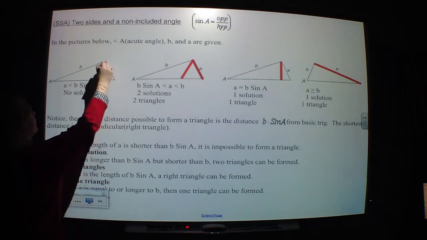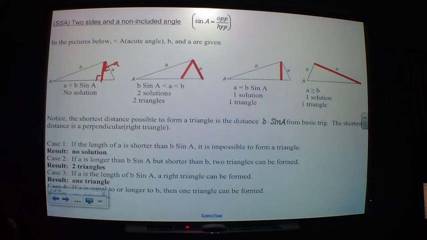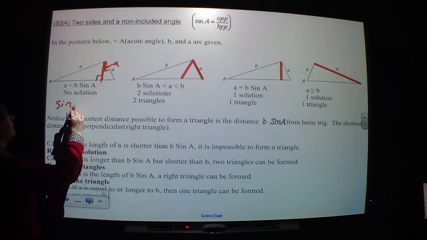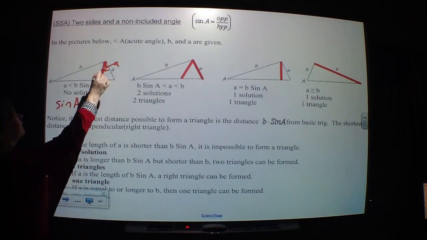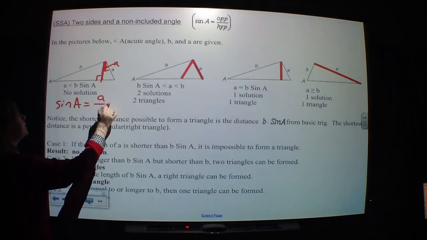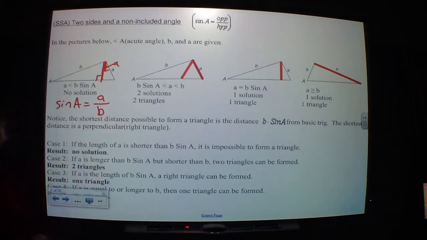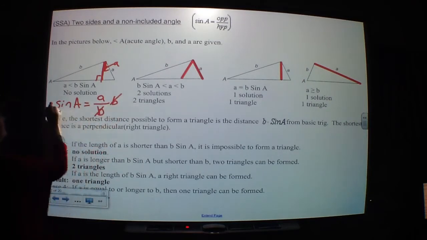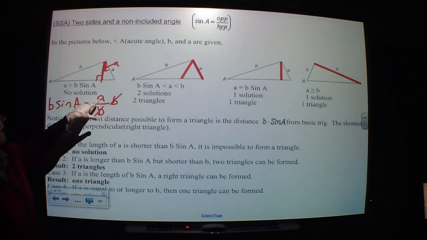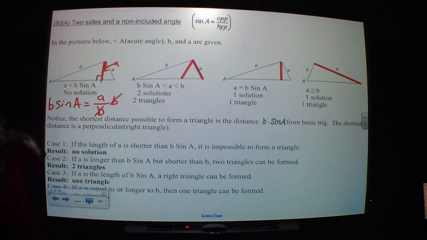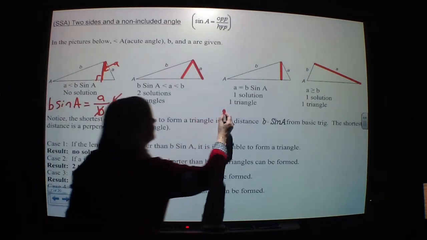You'd have a right triangle. So if this were side A, you would know that the sine of A is equal to the opposite over the hypotenuse, or A over B. Multiply each side by B. And if B sine of A were exactly A, you would have a right triangle. And that's this one right here.